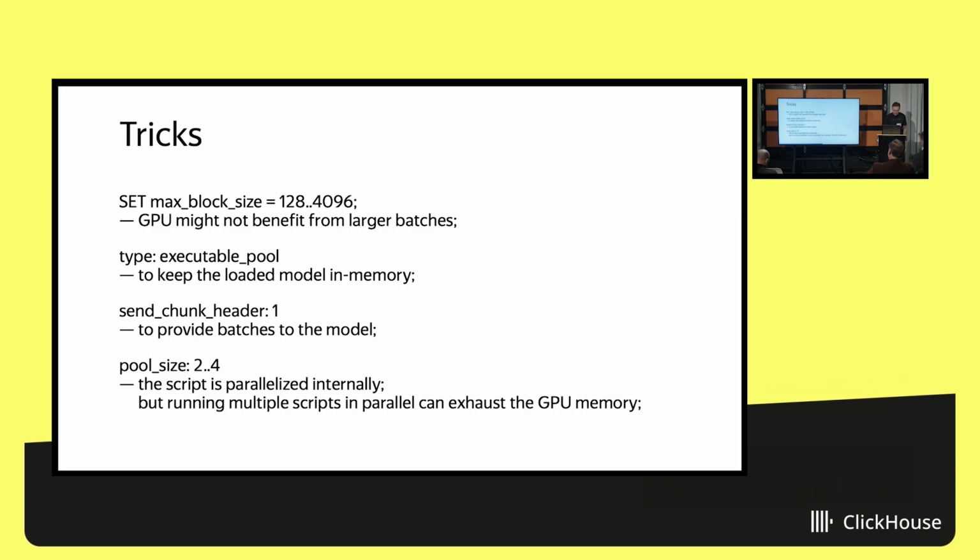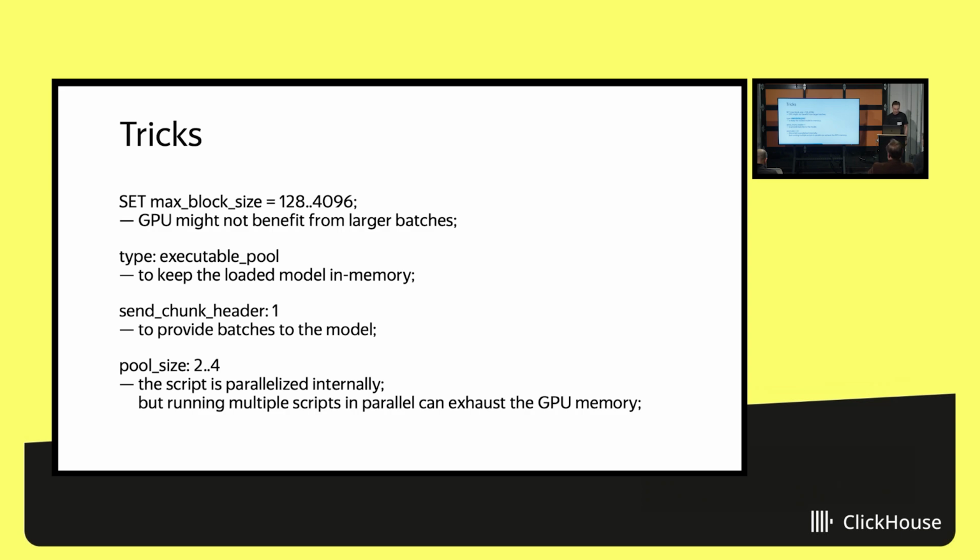So it definitely makes sense to lower this internal batch size of the ClickHouse query engine, which is named max_block_size. Actually, GPU might not benefit from large batches, but you have to experiment.